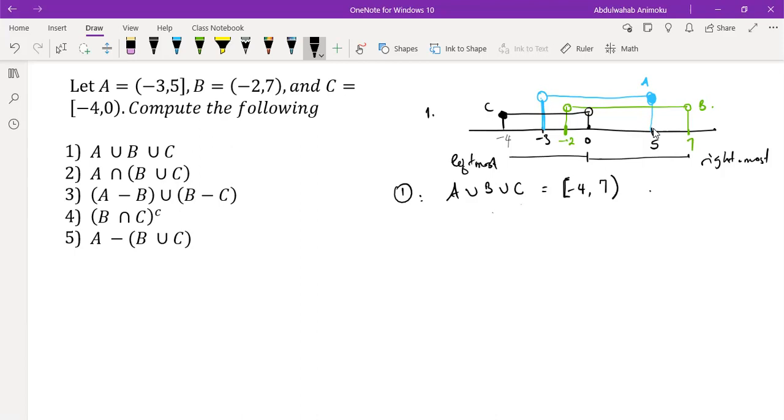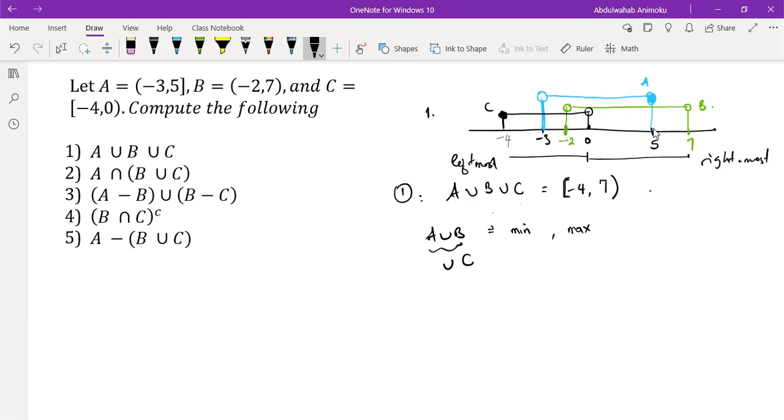So this will give us the union of the three sets. Another way to look at this, a method I generally teach my students, is to solve this problem looking at two sets at a time. You can start with A union B first, and once you find this answer, you then find that answer union C. You can also solve it that way. Now let's look at A union B. One of the things I teach my students is when you are looking at union, you look at the minimum of the two numbers on the left-hand side and the maximum of the two numbers on the right-hand side.